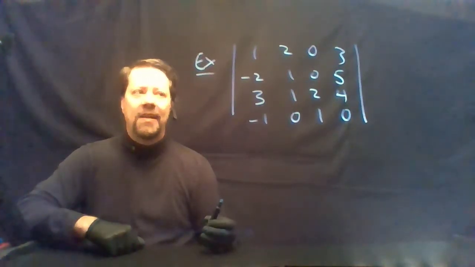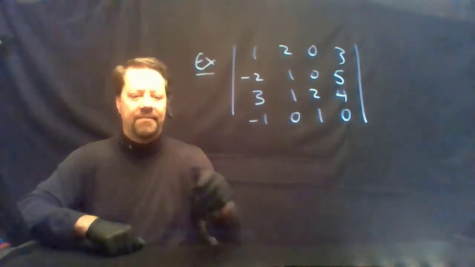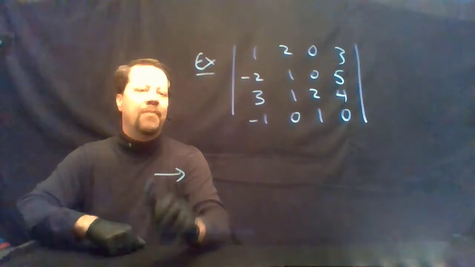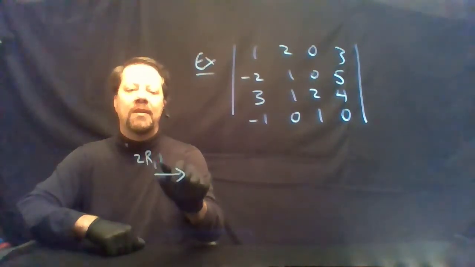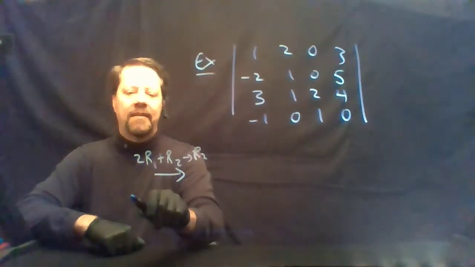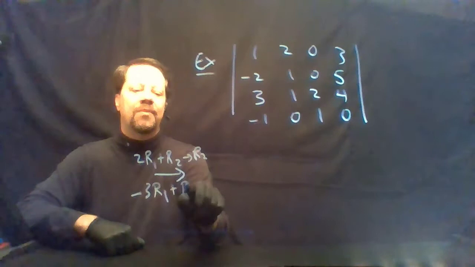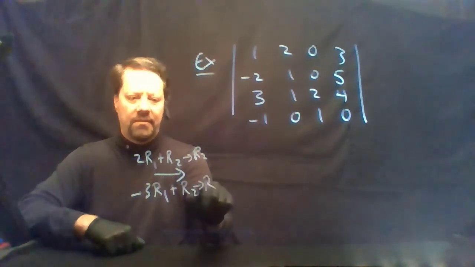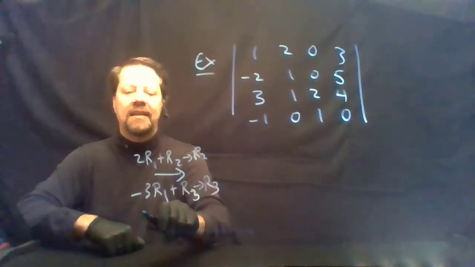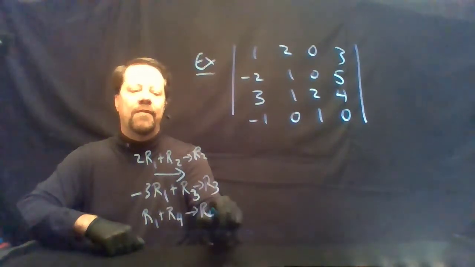We can perform elementary row operations on this, and it will not change the determinant. So for example, what if we do 2 times row 1 plus row 2 yields a new row 2, negative 3 times row 1 plus row 3 yields a new row 3, and then row 1 plus row 4 yields a new row 4.